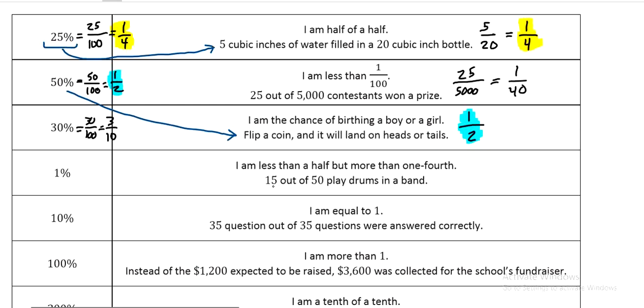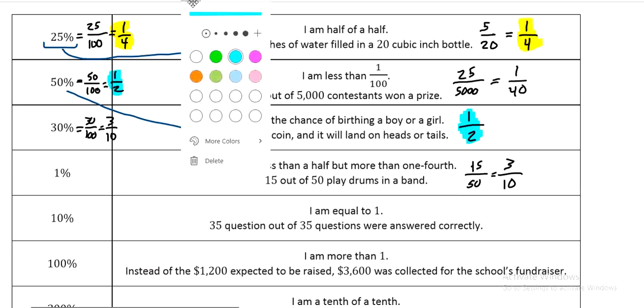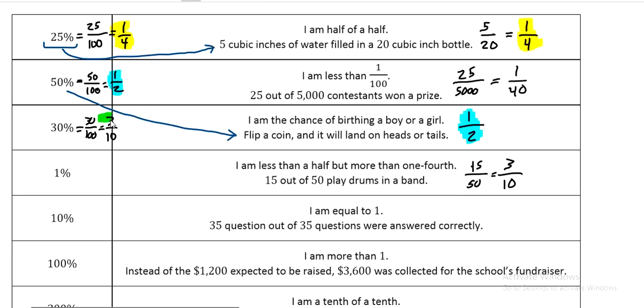So let's check out this fraction. 15 out of 50 play drums in a band. 15 is the numerator, 50 is the denominator. 15 over 50 reduces to 3 over 10. So there we go, we have another match. 3 over 10, and this one was equal to 3 over 10. So 30% matches with this statement.